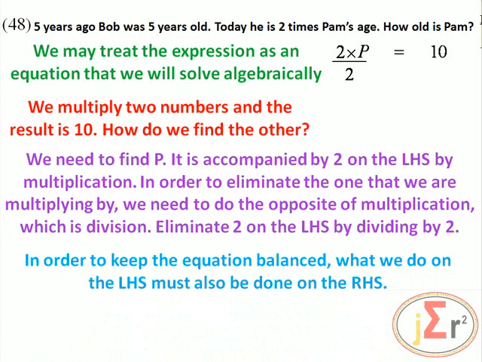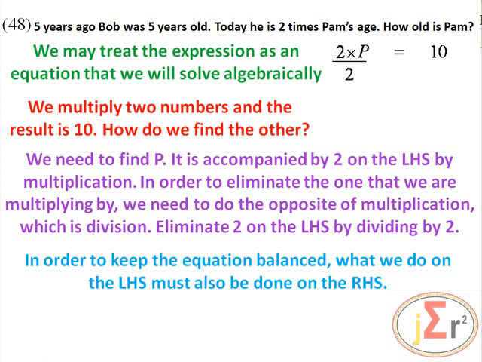In order to keep the equation balanced, because this is an equation, whatever is over here is equal to whatever we have over here. If we divide this side by 2, we must divide this side by 2, else the equation is not balanced. Okay? Yes. So we need to keep the equation balanced by dividing by 2.